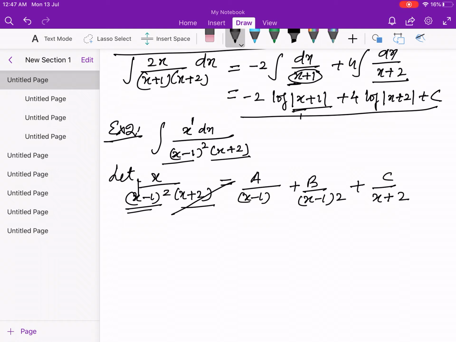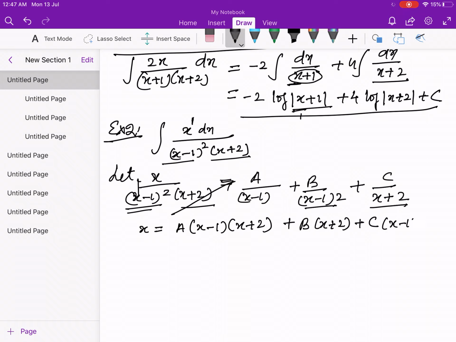Do the cross multiplication here. x equals a into (x minus 1) into (x plus 2), plus b into (x plus 2), as (x minus 1) whole square got cancelled, plus c into (x minus 1) whole square, as x plus 2 got cancelled. So this is the statement.